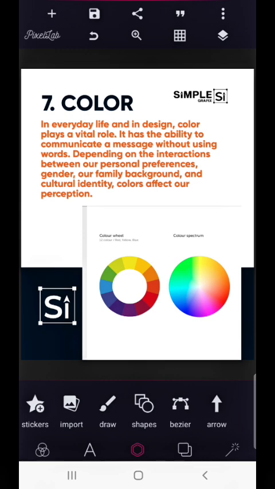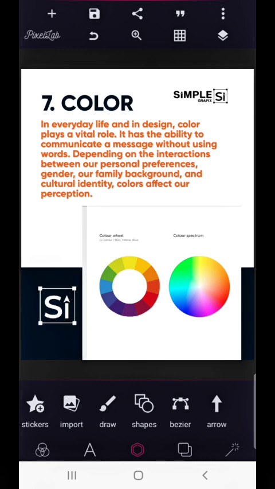So the fact that you can identify colors makes your eye a good one. There are people who have color blindness. They cannot actually see colors very well, and that can stand as a problem if you are a designer. So, in everyday life and in design, color plays a vital role.